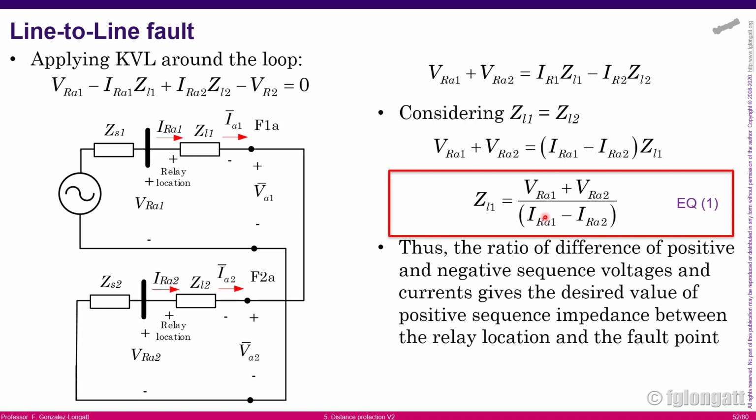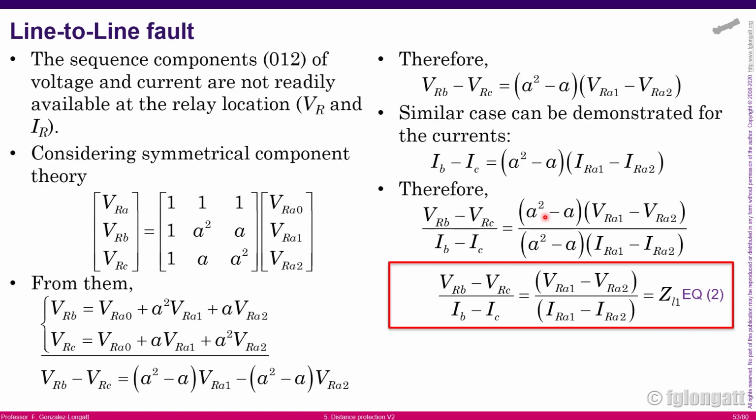What we want to do now is, okay, I love the symmetrical components, but in real life, I am working with phases A, B, C. For that reason, all my students must remember from symmetrical components that the ABC vector is equal to the matrix A multiplied by the symmetrical components vector.